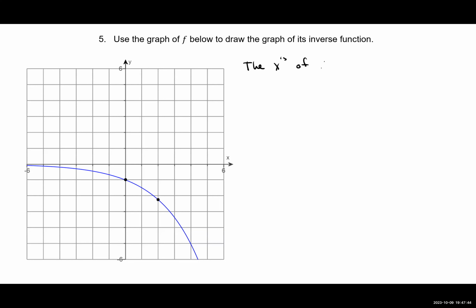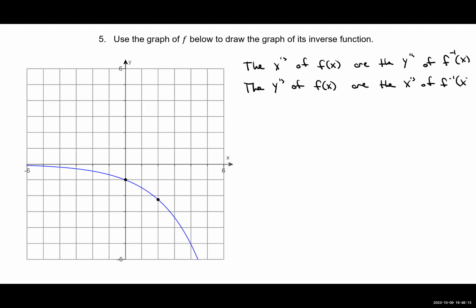The x's of f of x are the y's of f inverse of x. And the y values of the function f of x are the x values of the inverse, right? So the x's and y's flip-flop. The x's flip and the y's flop.